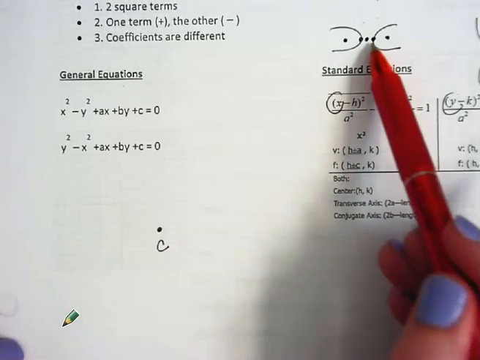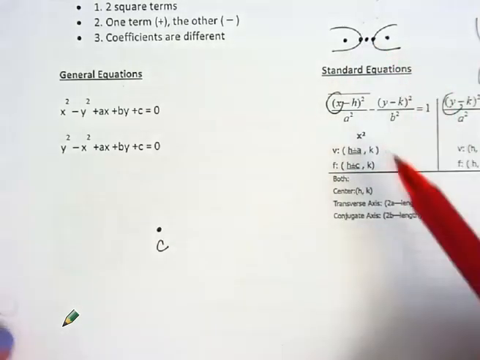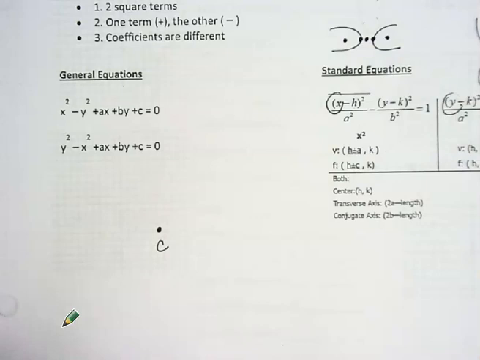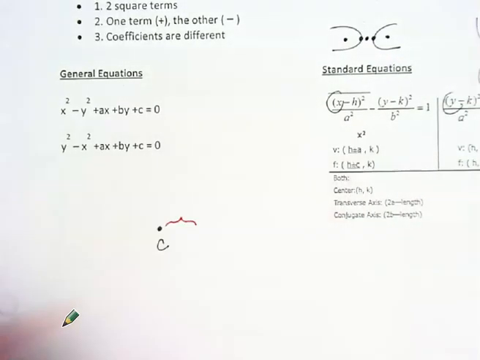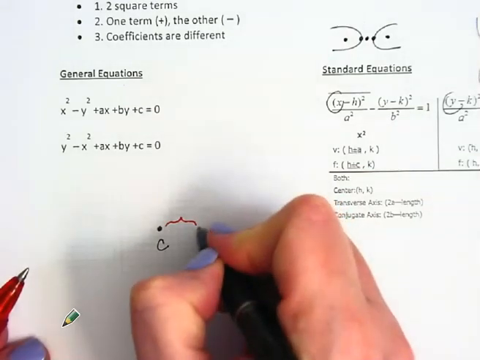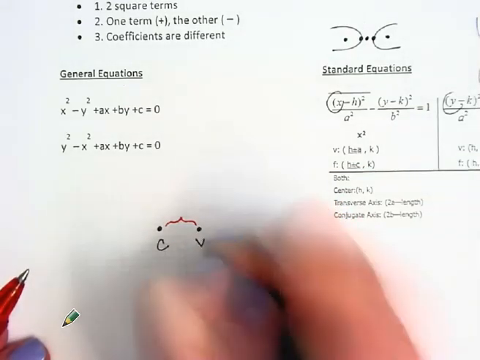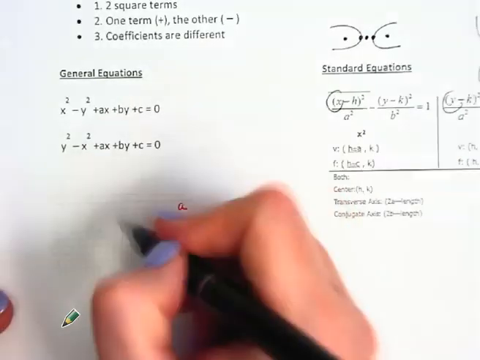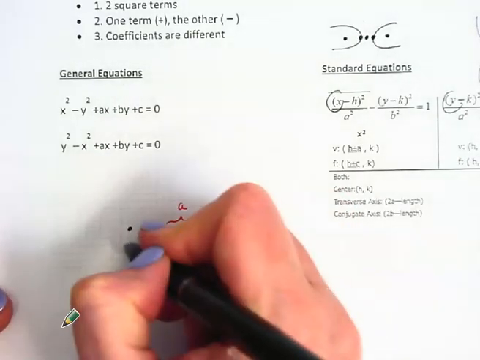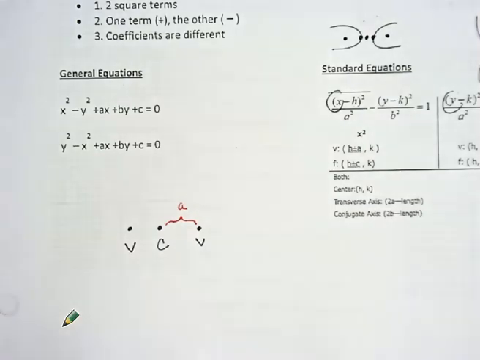The way I find my vertices is I take that a value and I count a to the right, and I count a to the left, and that's going to give me my vertices. I find my focus point by counting c in the left and right direction.